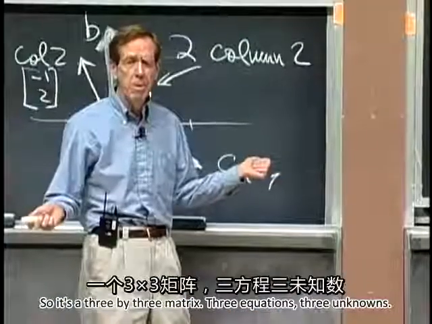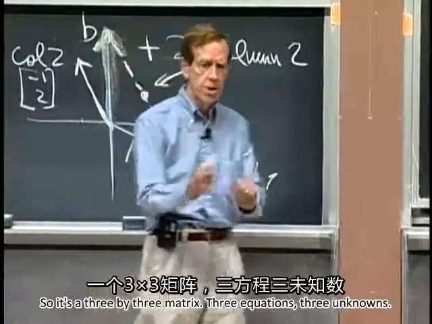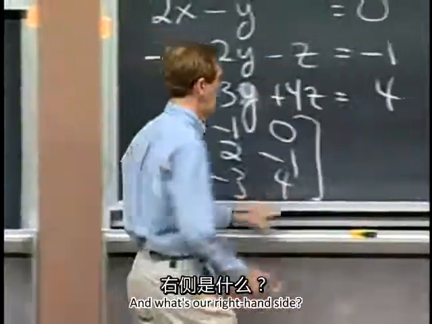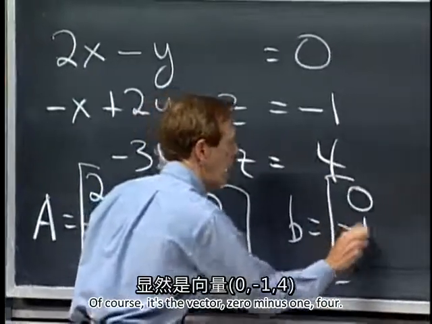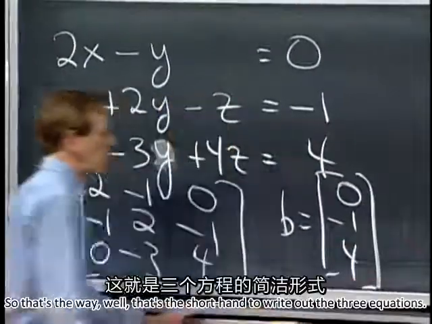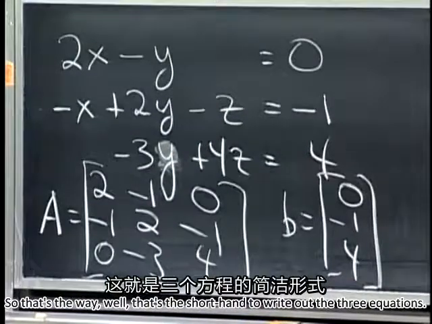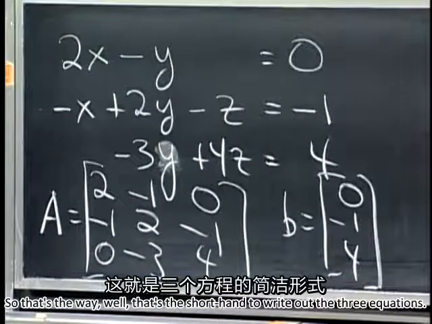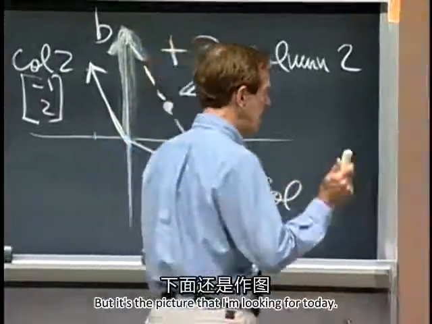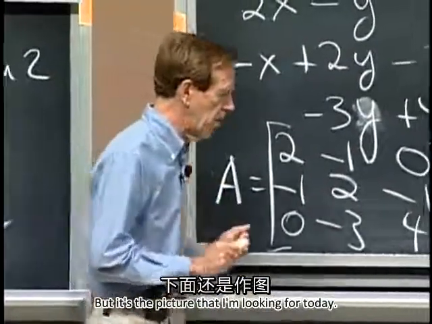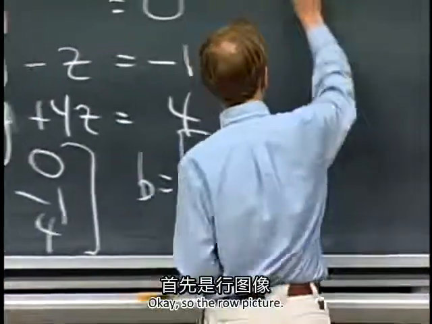So it's a 3 by 3 matrix. 3 equations, 3 unknowns. And what's our right-hand side? Of course, it's the vector 0, minus 1, 4. Okay. So that's the shorthand to write out the 3 equations. But it's the picture that I'm looking for today. Okay. So the row picture.